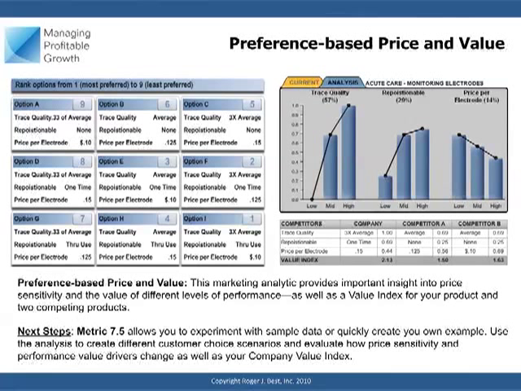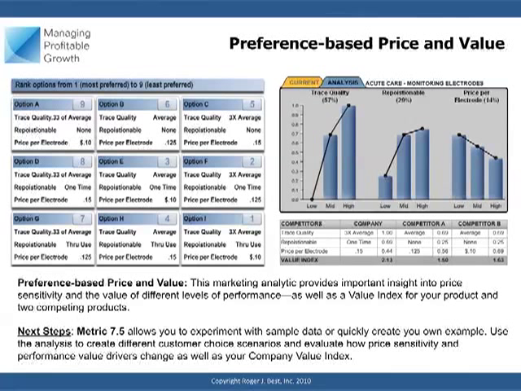Preference-based value pricing presented in Part 3 is easy to set up and perform. The output provides incredible insights into price sensitivity and how customers value different levels of product or service performance. The value index for your product and 2 competitors is a good barometer of how your sales will go. If your product has a much higher value index, you should be able to attain the highest market share with good marketing.